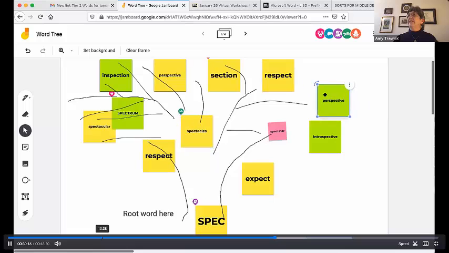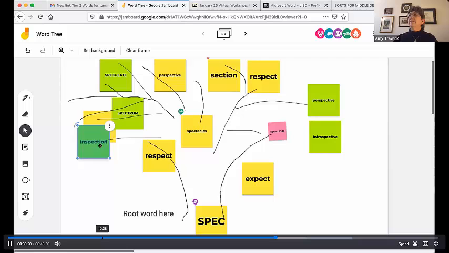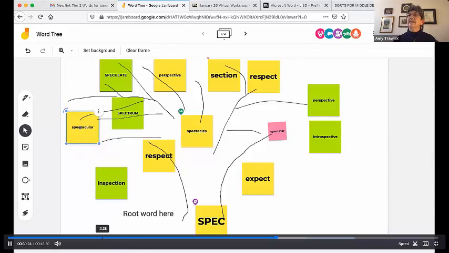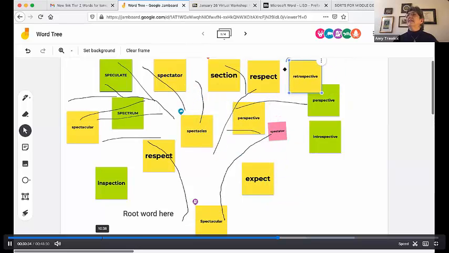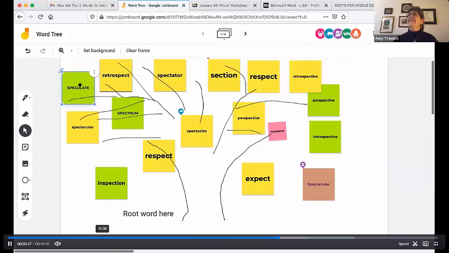Ah, there we go. Got anything else? Oh, there's one. Do you see all of your words? Ooh. Okay.